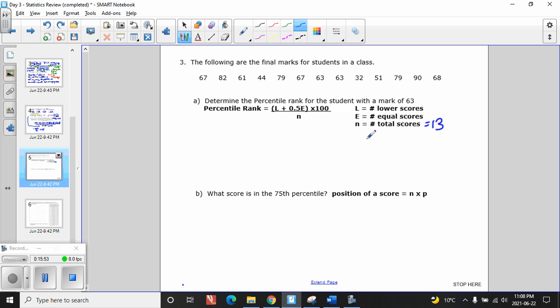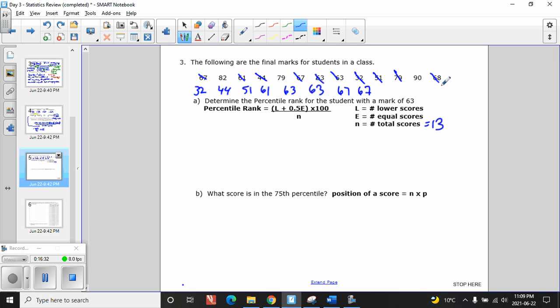And then to do the rest of this question, it would be really helpful to have the list sorted in order. So I'm going to look for the smallest numbers: 32, 44, 51, and 61, 63, 63, 67, 67, 68.